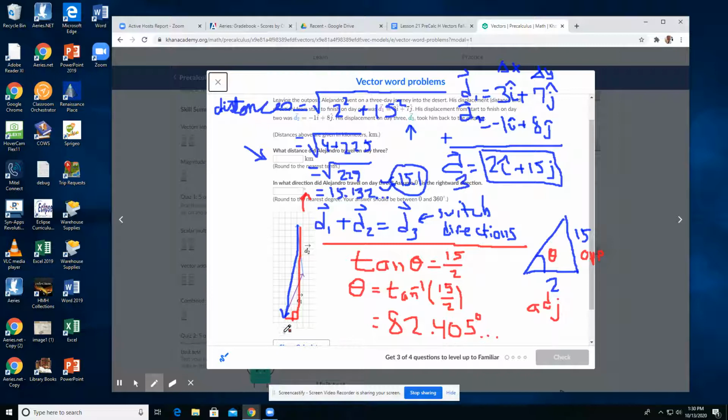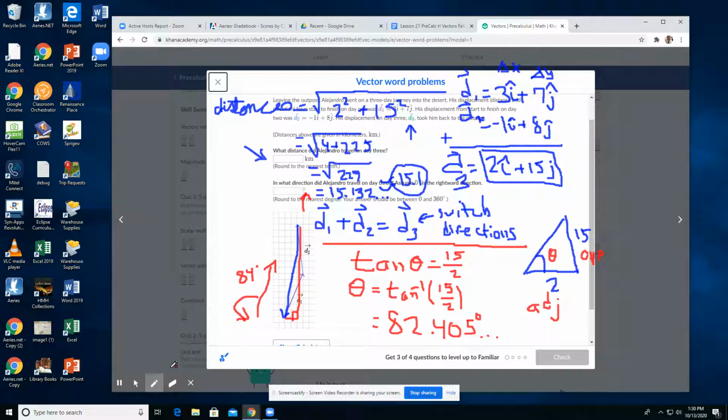All right, so that would have been the 82 degrees going up this way. But we need to be careful. He went back down to the beginning. He took him back to the original spot. So what we're going to do is add 180 degrees, and 180 degrees will change the direction here.